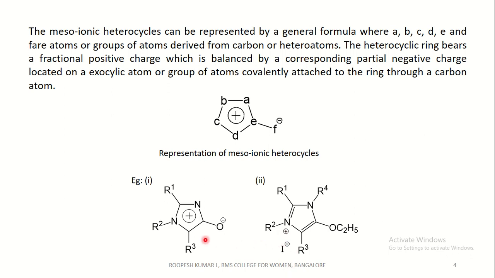Whereas in this one, an exocyclic heteroatom is attached to the carbon of the heterocycle, in the other no such exocyclic atom is attached to the carbon. This is a counter ion which is balanced by the positive charge.